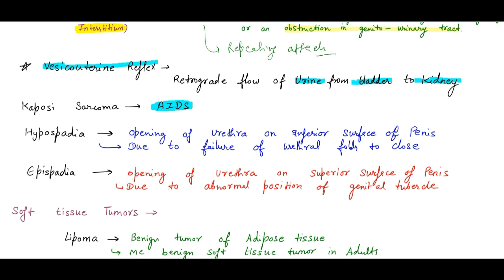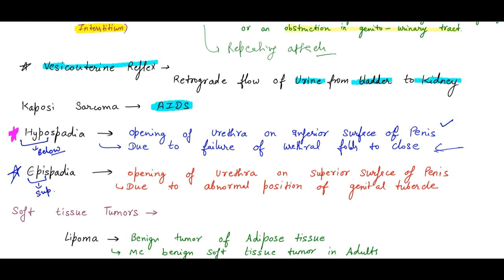Okay, then the two terms: hypospadias and epispadias. Hypo means below or inferior. Epi means upper or superior. Opening of the urethra on the inferior surface of the penis is hypospadias, and it is due to failure of the urethral folds to close.